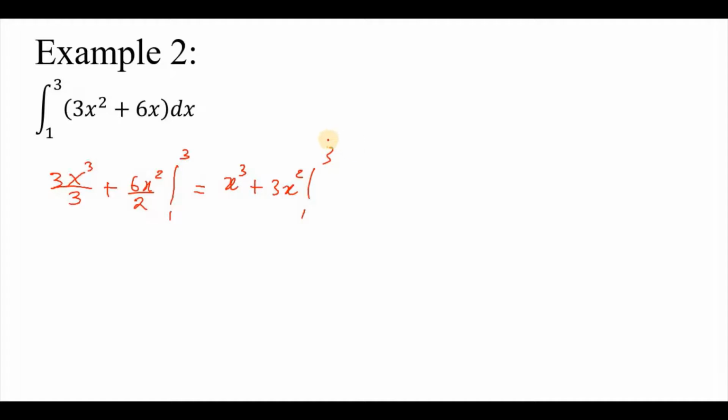This means you're going to plug 3 into the antiderivative minus when you plug 1 into the antiderivative. So this is basically 3 to the 3rd power plus 3 times 3, minus, when you plug in 1, 1 to the 3rd power plus 3 times 1.